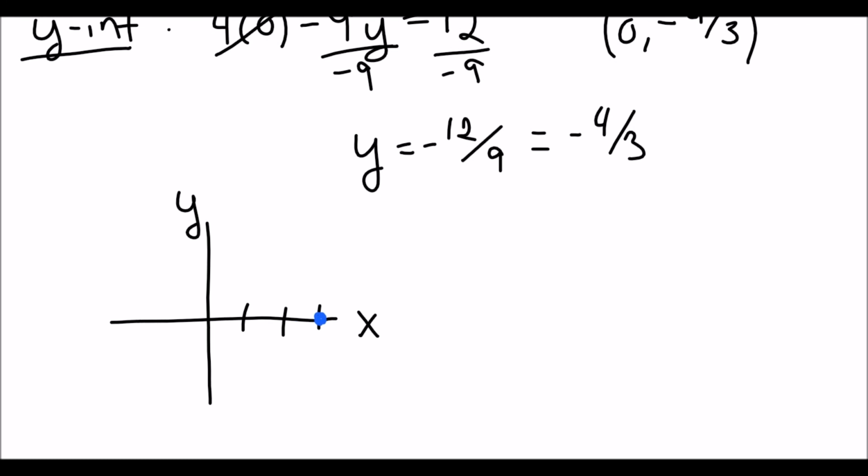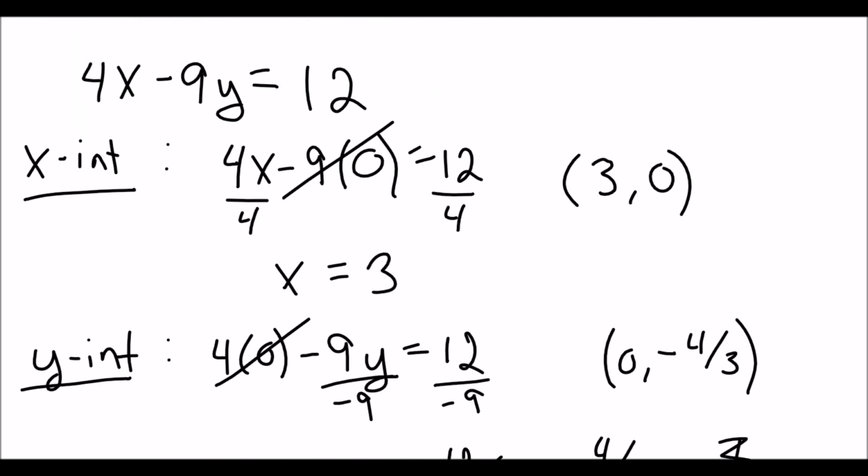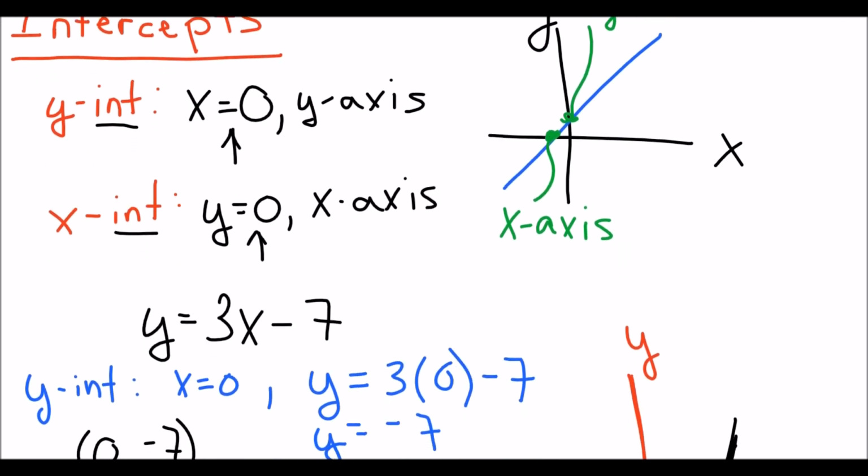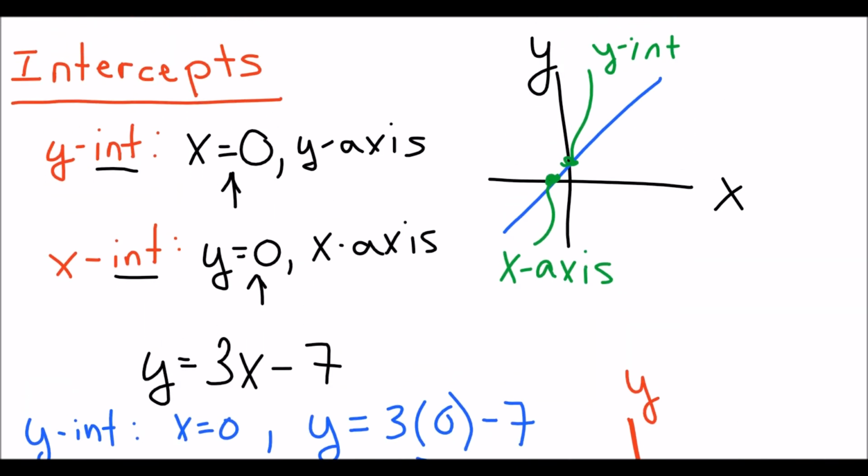So if we know that here is, let's say, -1, then we know that -4 thirds is just a little over that, so it's about there. And then, of course, we can connect these two dots with a line like so. And there is the entire problem worked out. So either way they give you an equation really works. Standard form, slope-intercept form. If they gave you something in point-slope form or some other form, it will work as well. This method is 100% safe no matter what type of equation they give you.